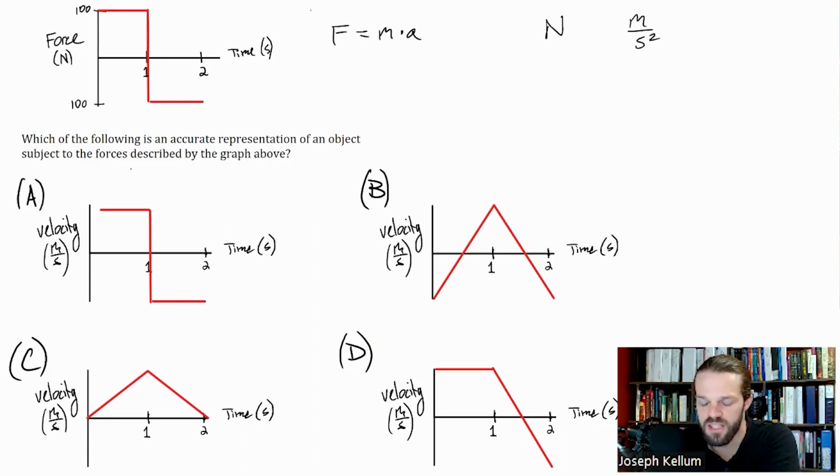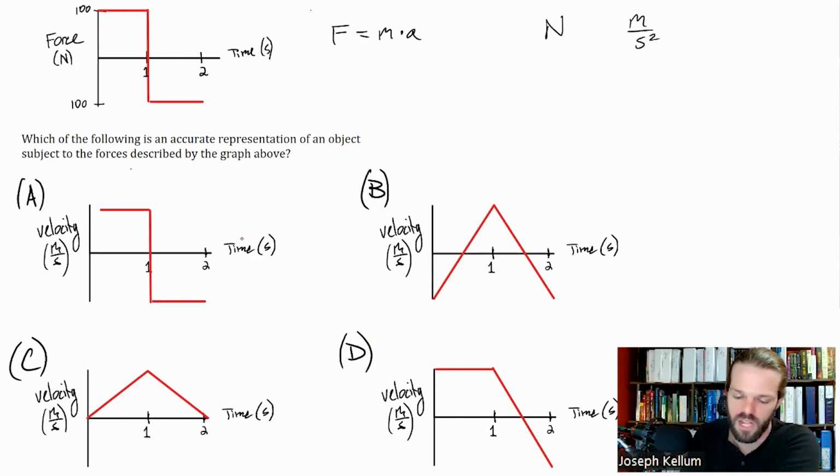And so if force is constant, and if force is not 0, then the velocity will not be constant, because constant application of force means constant change in velocity. Okay, so anything that shows a constant velocity, which I think is just A, has to be thrown out right off the bat for that specific reason.